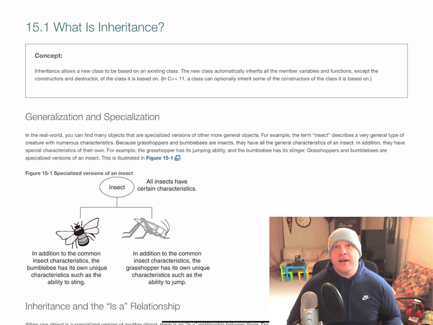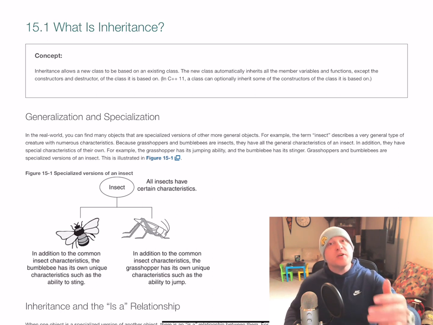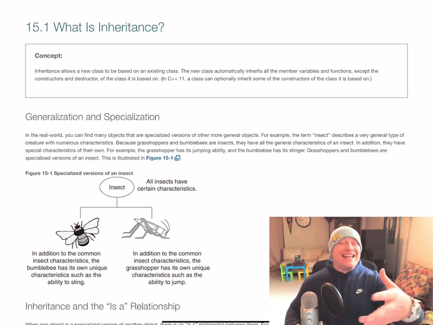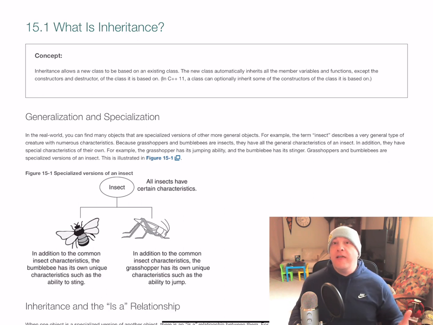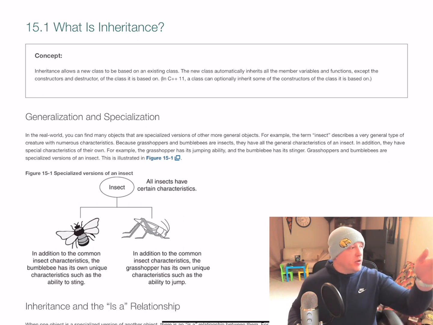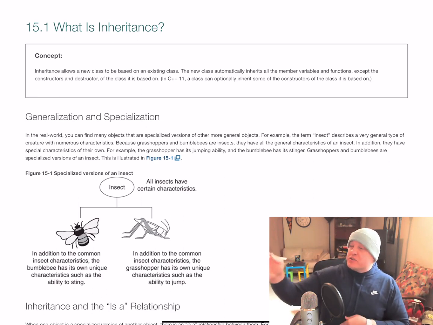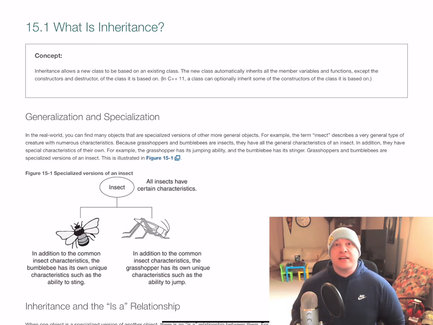Or an insect, a grasshopper, and a bumblebee. Can you really point at, and we've already seen this with abstract classes, but we're taking it further, can you really point at an insect? No, not really. You're pointing at a grasshopper, you're pointing at a bee, you're pointing at a spider. I think that they are insects technically. You're pointing at a caterpillar, so on and so forth. The idea of an insect is generalized.